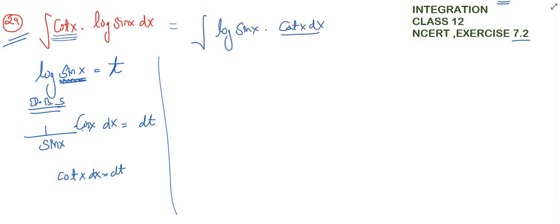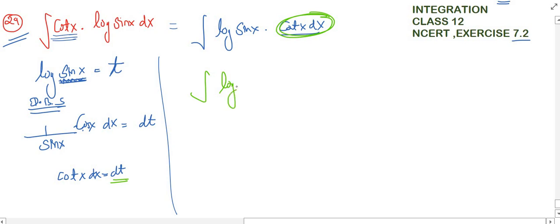So what is cot x dx? Cot x dx is nothing but dt. Okay, so I am sorry, total log of sin x I had assumed to be t. So this is t into dt. So integration is nothing but t square by 2 plus c.